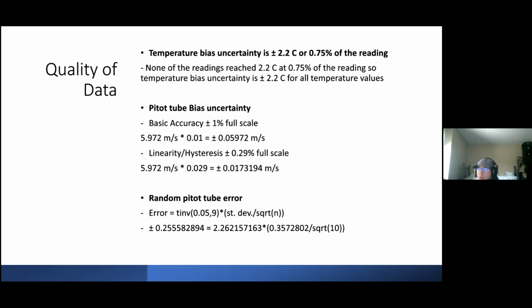And then below, we listed basically the calculations I explained earlier of multiplying the velocity that we found by the 1% to get our basic accuracy, and the velocity times the 0.29% for the linearity uncertainty. And then there's our calculation for the random Pitot tube error, which is found by finding the TINV value, which can be found from a table or using an online calculator, times the standard deviation divided by the square root of the number of trials.